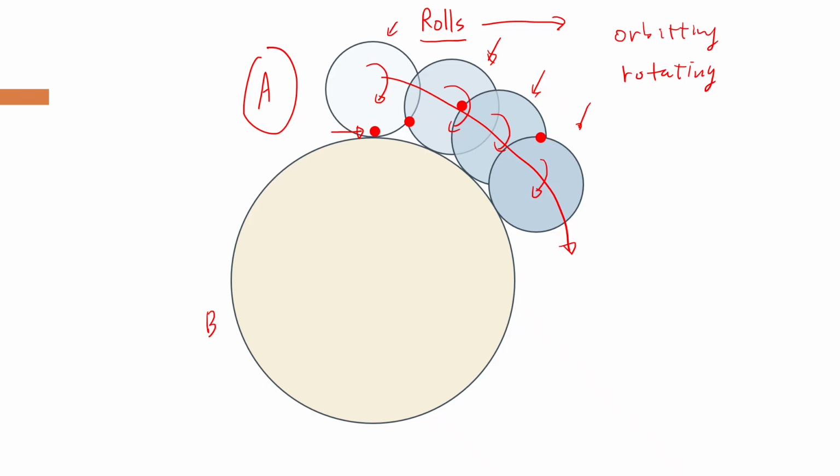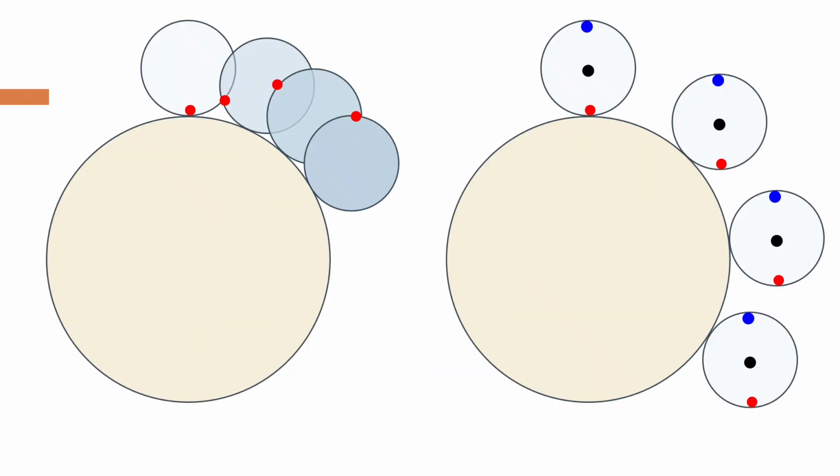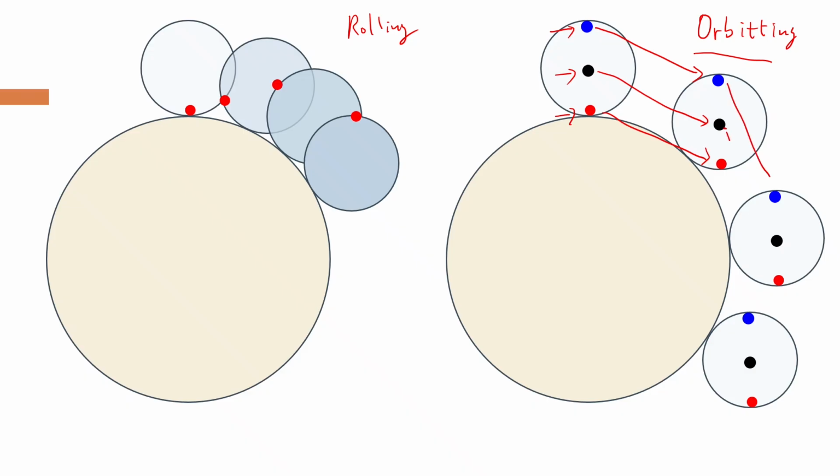And let's compare what is pure rolling with pure orbiting. On the left, we have pure orbiting, and on the right, we have pure rolling. Let's compare the difference. I have labeled 3 markers here. As you can see, for pure orbiting, all these 3 markers have the same displacement. Their relative position would never change.